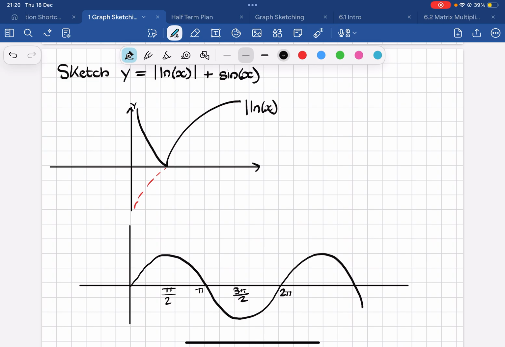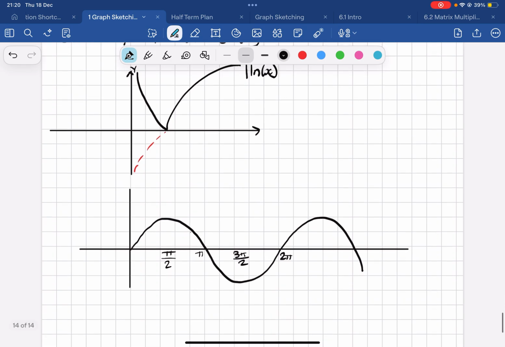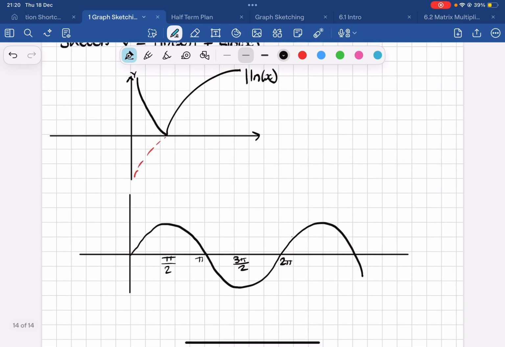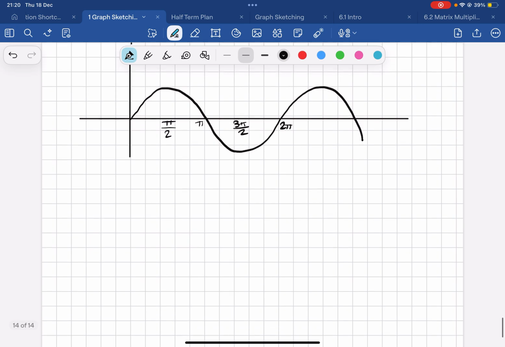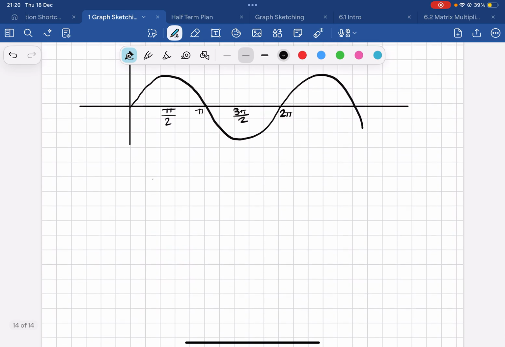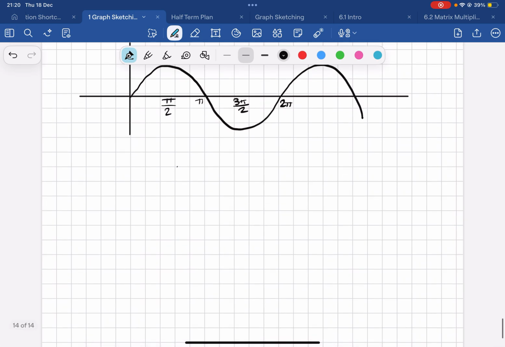We've got sin x that goes from 0 to 1 to 0 to -1, back to 0, then up to 1. So if we look at our combined graph of mod ln x and sin x, some critical points to know for sin x are -1, 0, and 1.